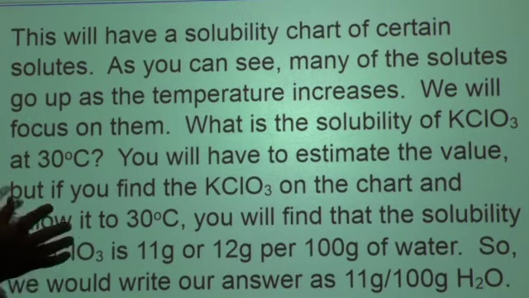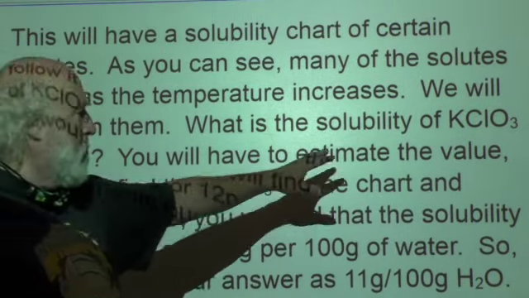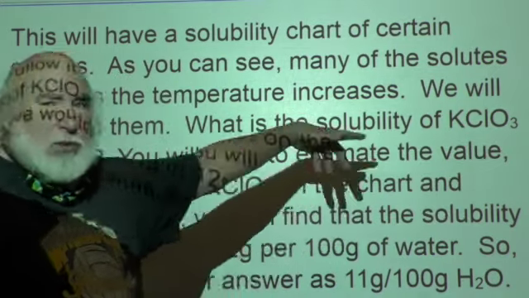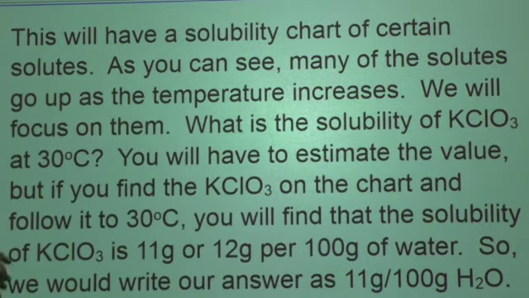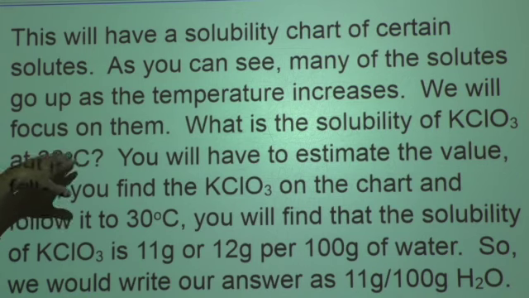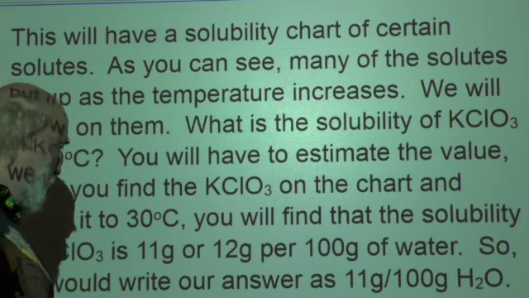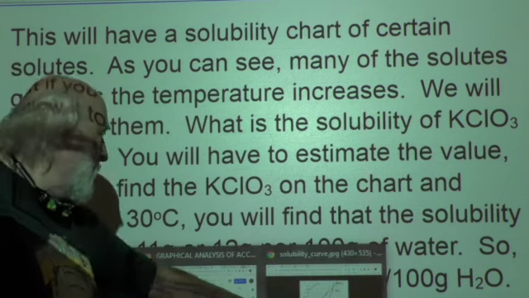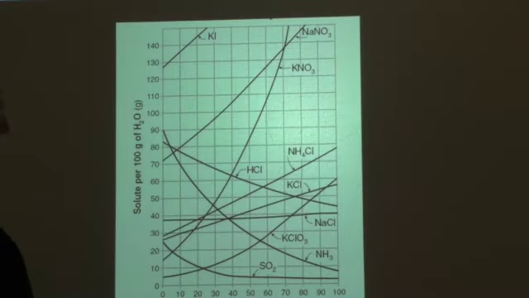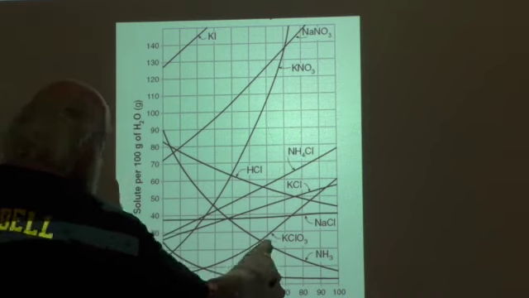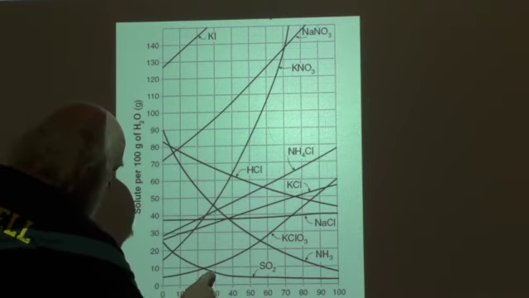The first thing we're going to do is look at one of the compounds. That is KClO3, better known as potassium chlorate. And we're going to look at how much will dissolve in water at 30 degrees. So we go to that chart. Here's potassium chlorate right here. Follow that until it hits 30 degrees.